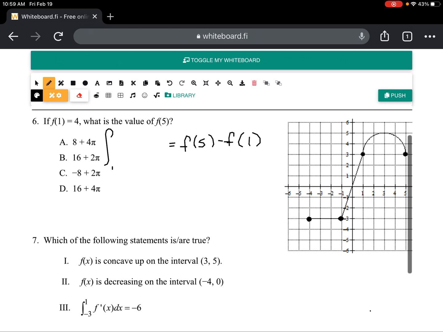This integral is going to go from 1 to 5. The dx is going to go last. And inside has to go the derivative of f, which is f prime of x. Right? If you take the integral of f prime of x, you get f of x. And that's what we have over here.